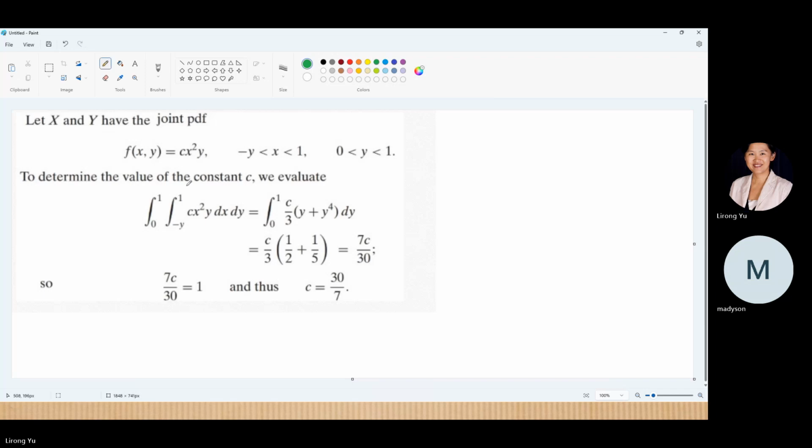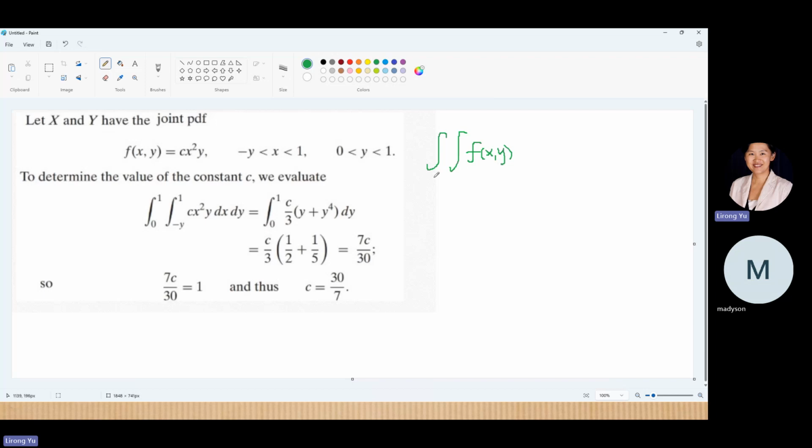So, to determine the coefficient, we realize there is a requirement that says the double integral of the density function, we can do dy or dx. But in this case, the y has a numerical boundary, the x has a variable boundary, x is between -1 and 1. So we have to have the y on the outside layer of the integration.